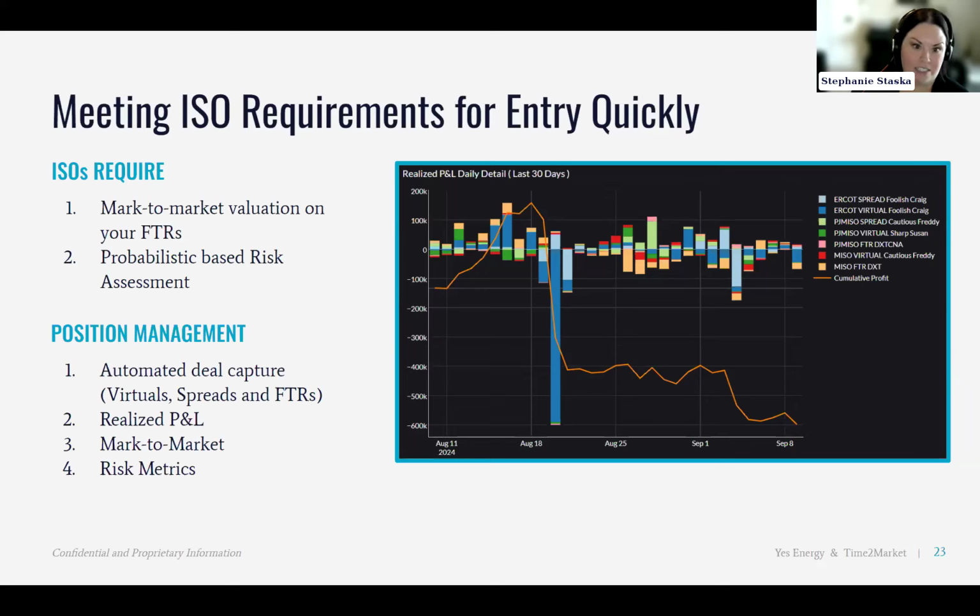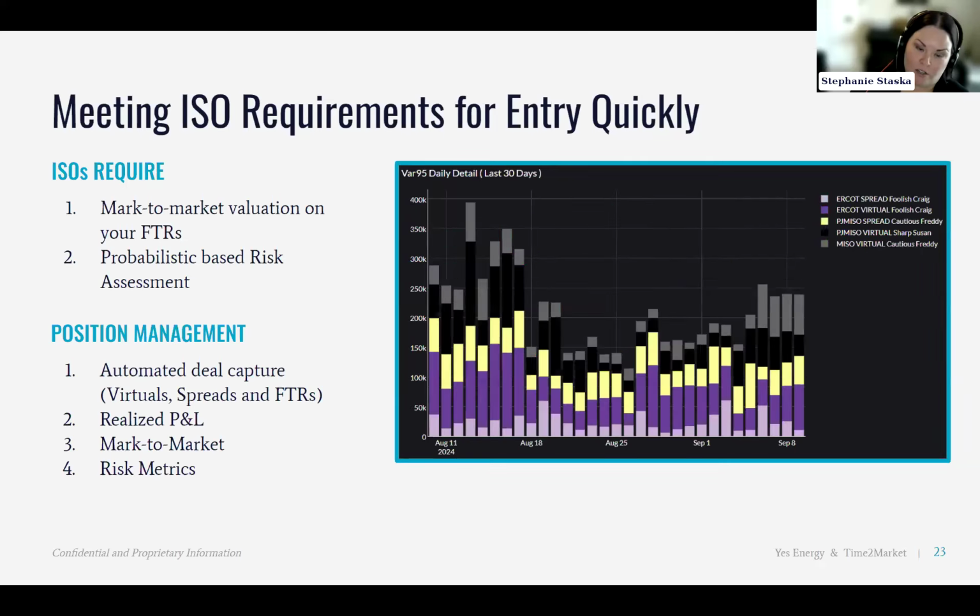This shows the daily realized P&L breakdown by ISO, by product, by trader name, etc. We also do the mark to market of your FTRs and risk metrics. We have a 95% confidence interval VAR, 99%, and stress testing, as well as a custom risk engine for FTRs that you can set up to your own view of the world.